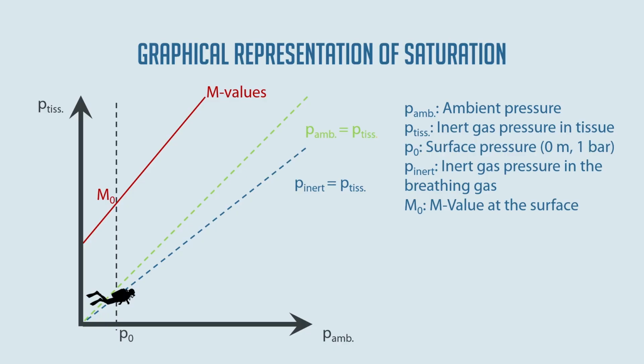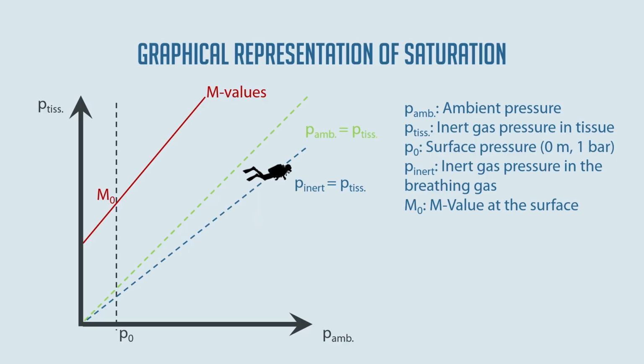I've already mentioned that when we descend, we are below the blue line. Our tissues slowly become saturated, and only if we theoretically remain at depth infinitely do we eventually reach the blue line. But at some point, sadly, we have to surface.